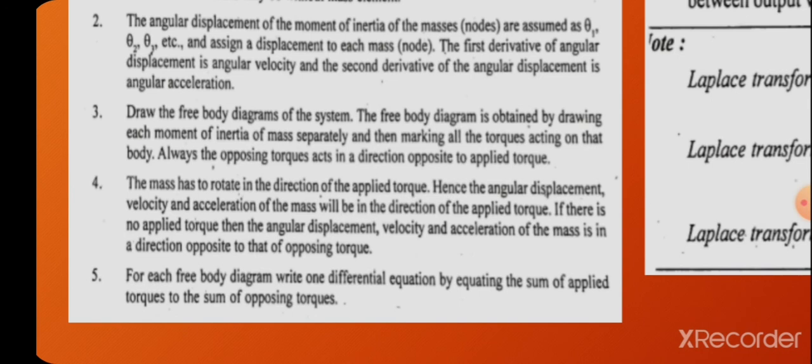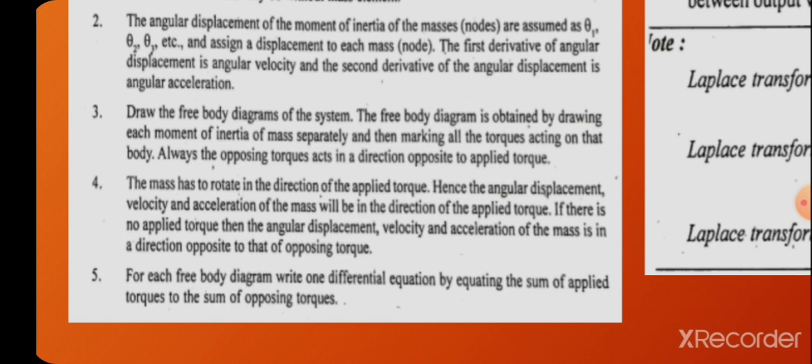So when the displacement is marked in the same direction as the applied torque, the angular displacement, angular velocity and angular acceleration of the mass will be in the same direction as that of the applied torque. And if there is no applied torque, then they are in the direction opposite to that of the opposing torque.